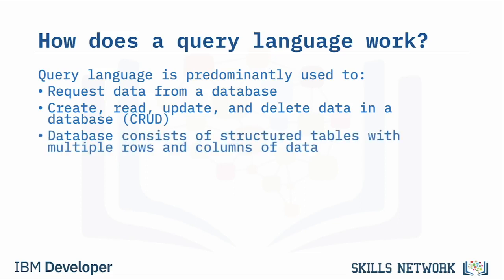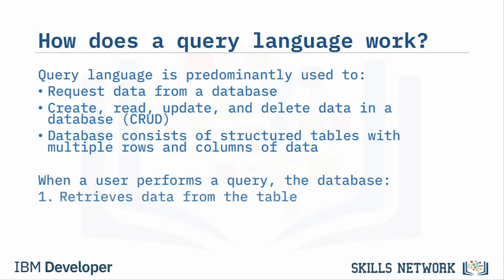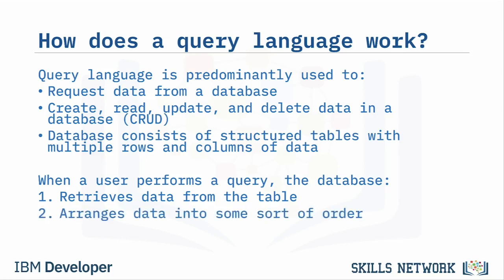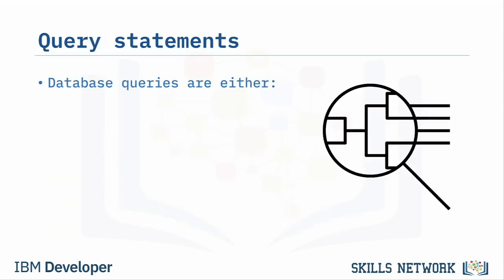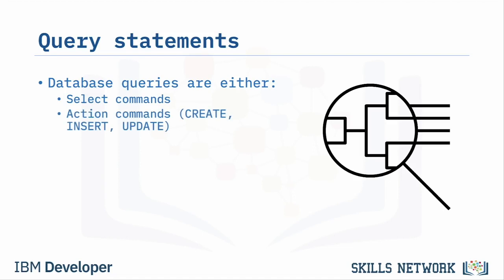And a database typically consists of structured tables made up of multiple rows and columns of data. When a user performs a query, the database retrieves the data from the relevant rows and columns in the table and arranges it into some sort of order ready to be returned and presented in the query results. Database queries are either a select command or an action command such as create, insert, update, or a mixture of both.